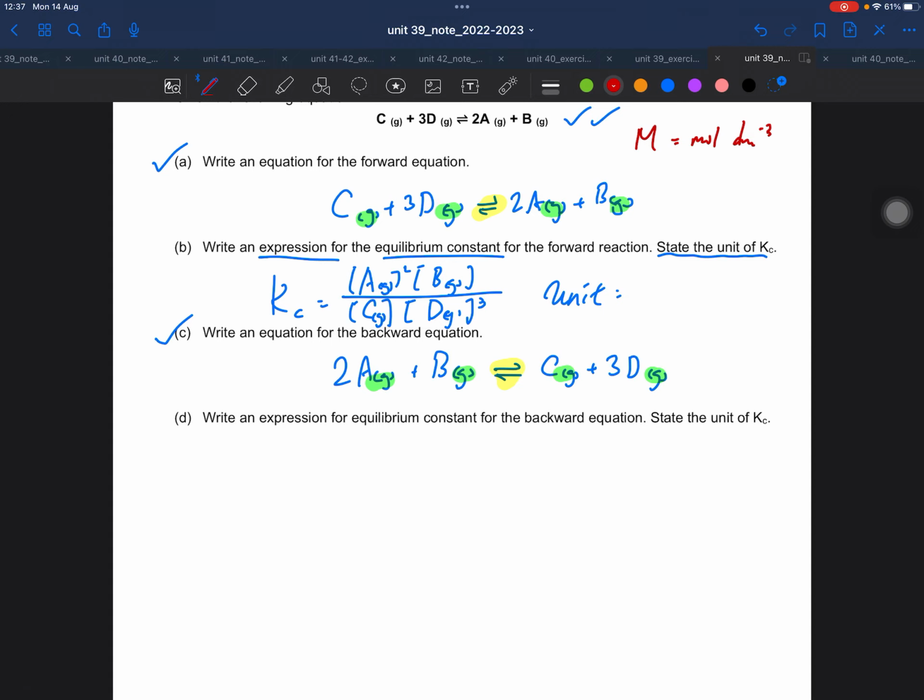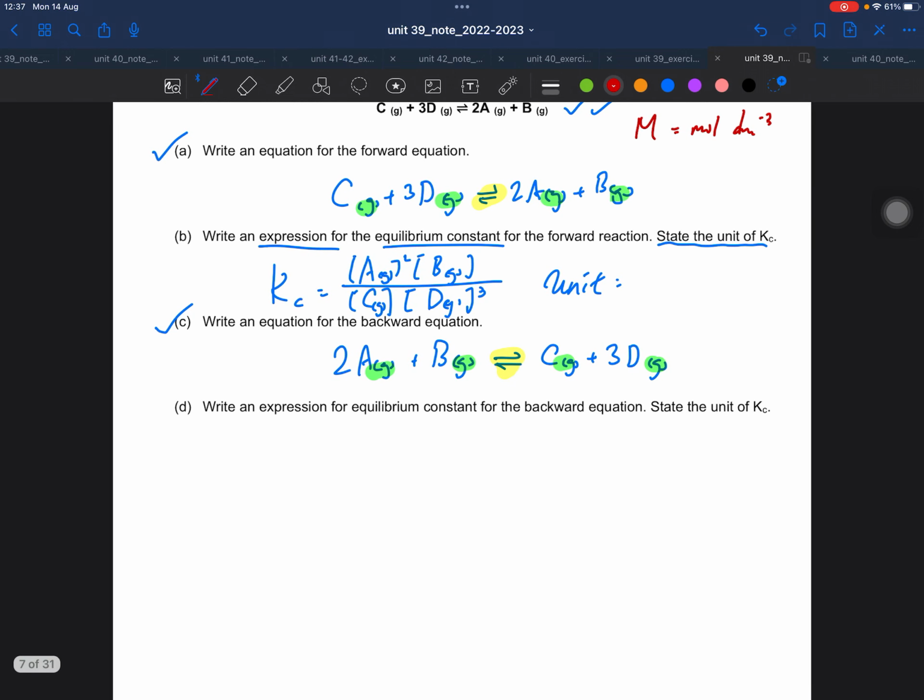It is okay for draft, though. So I give you a big hint. Here I use a green pen. For A square, the unit is M square. For B is M. For C, M. For D is M to the power cube.